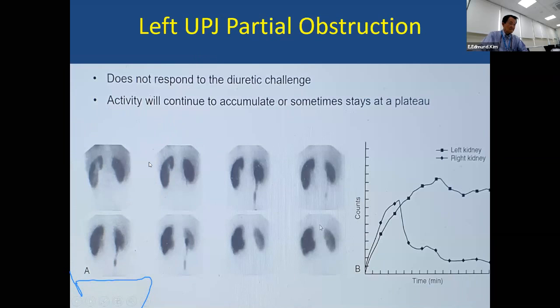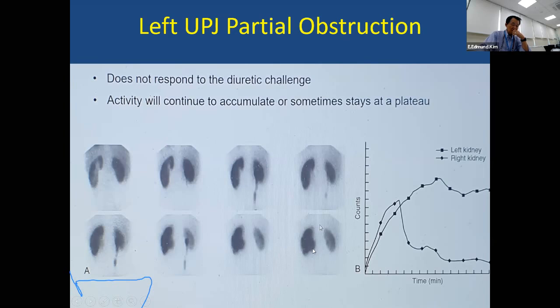So like this, we have a serial nuclear renal scan. You can see prompt uptake and excretion by the right kidney down here, but the left kidney, you see increasing activity, and then it accumulates in the renal pelvis and stops there.